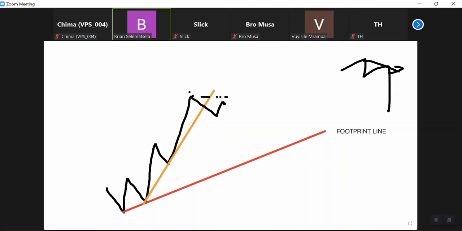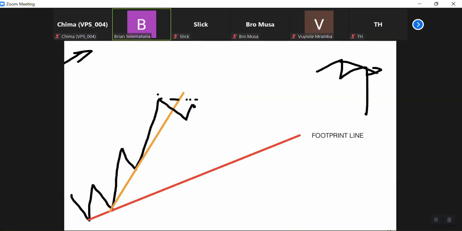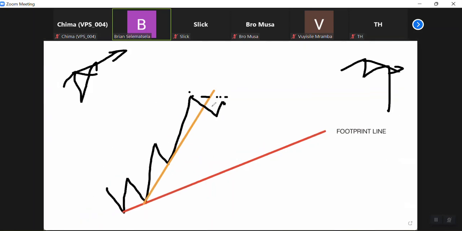Now, if the first point even gets exceeded like that, we won't be able to draw a footprint line, because that's what we can draw from there, and that's not a footprint. So we want a situation like this where between this point and that point we'll be spotting a divergence.